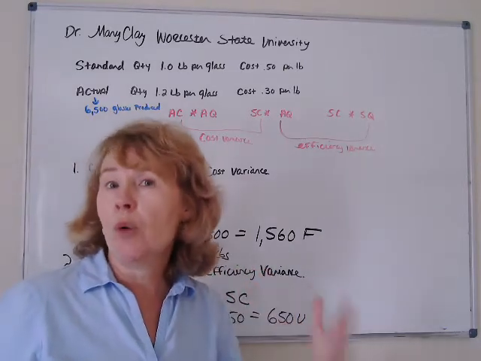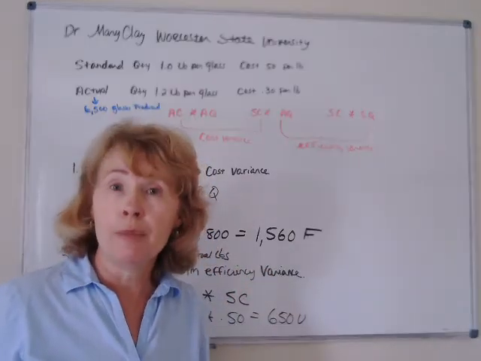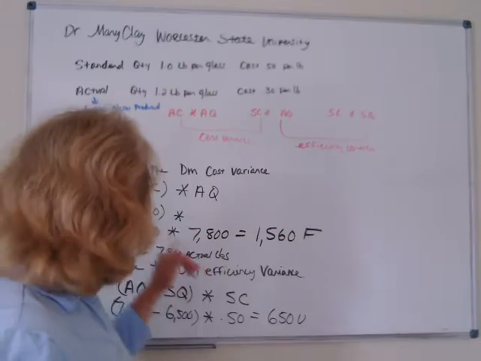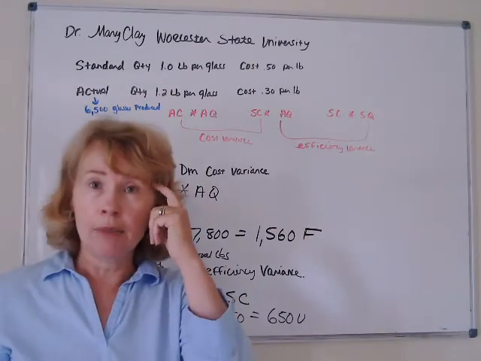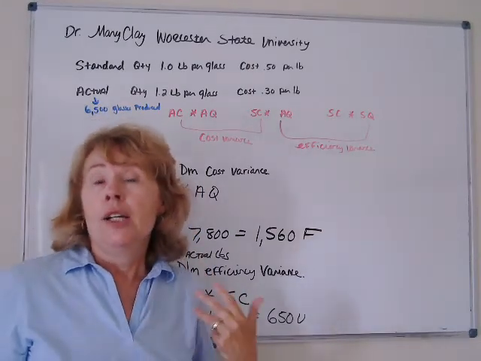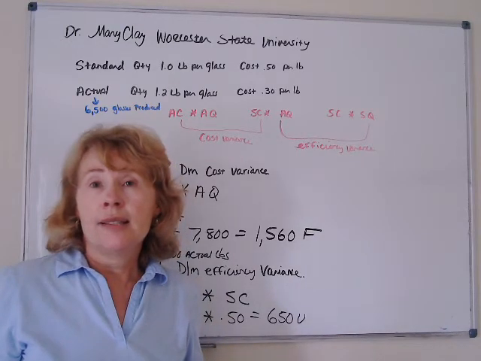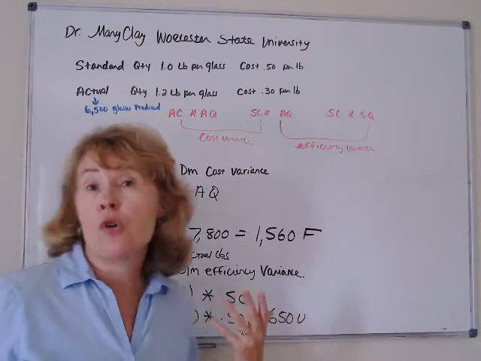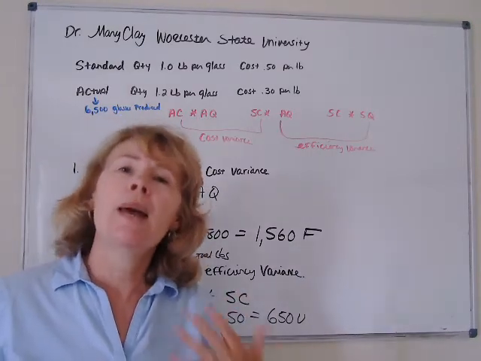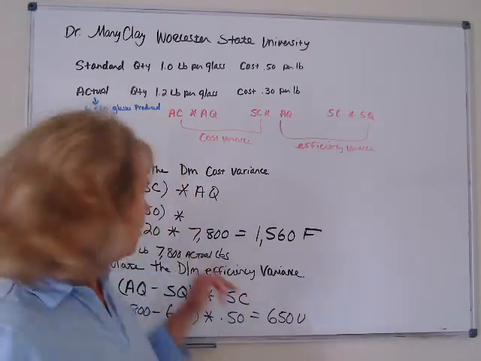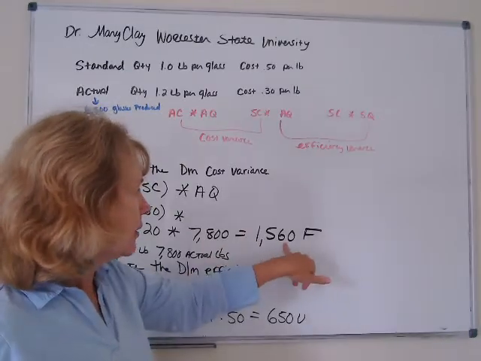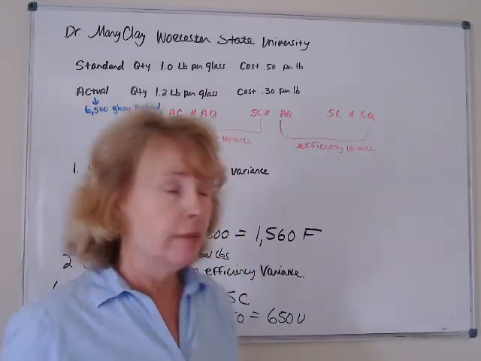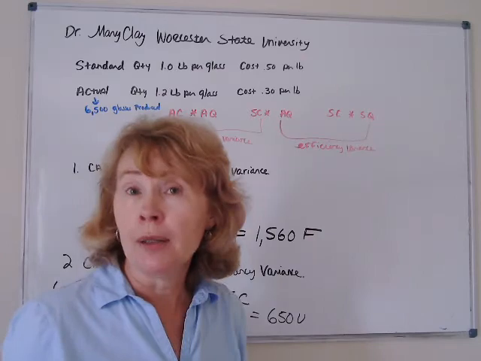They purchased a lot from this particular company, and it ended up costing them less. It could also be that they chose a different supplier. It could be many reasons, but the bottom line is management wants to understand, even if it's favorable, they still want to investigate what happened.